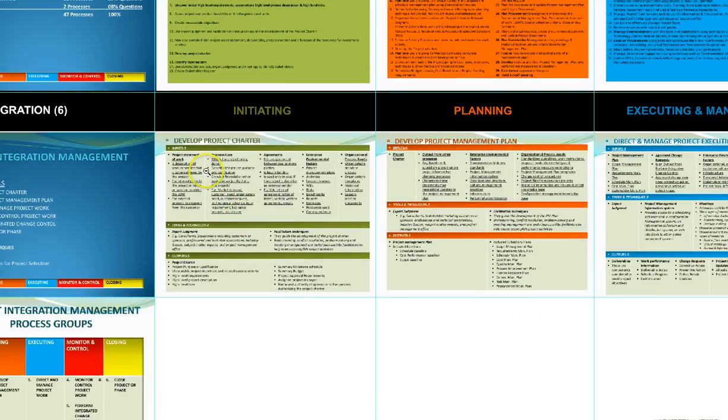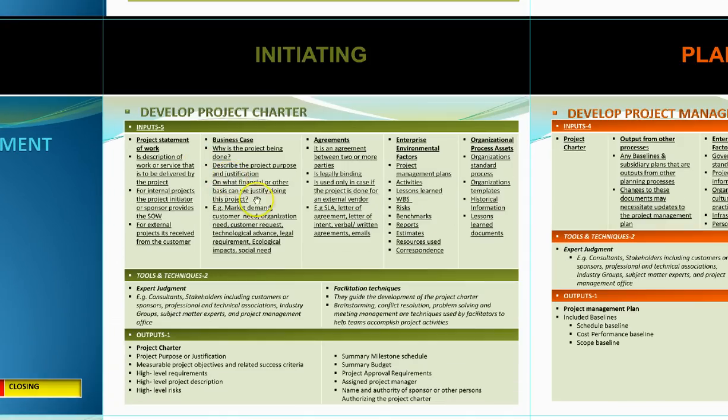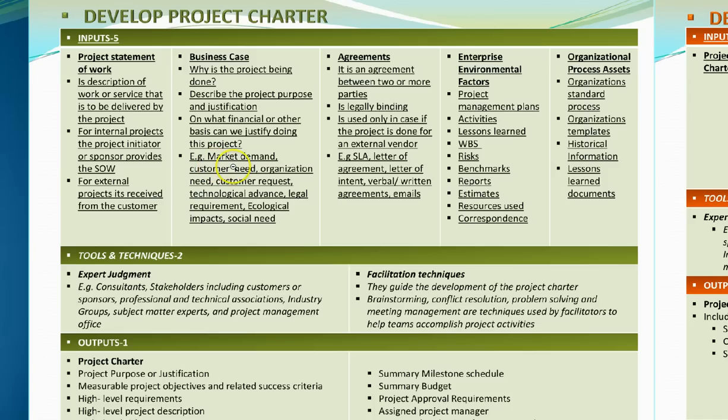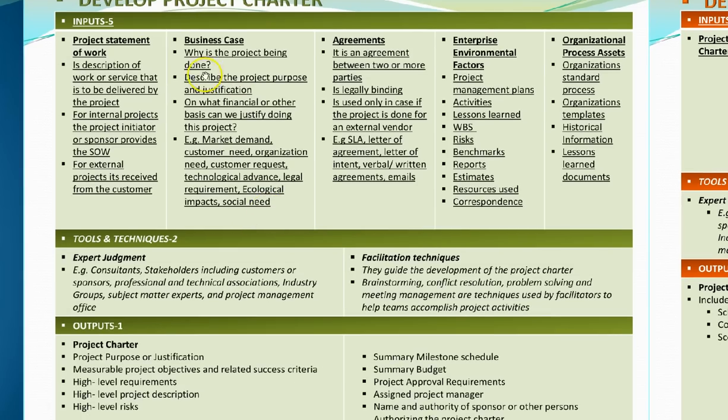Now, when we go individually into each and every process, we have to see how we are going to remember the inputs, tools and techniques, and outputs. Just to make it easier for us to remember and take a mental picture of how I set up this sheet, all the inputs throughout the whole 47 processes are going to be underlined like you see over here.